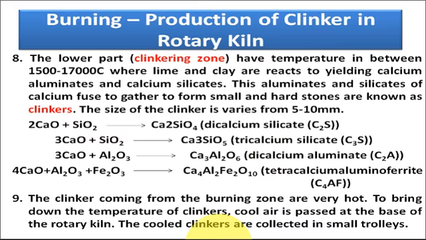Now, what reactions take place in the clinkering zone? Basically, in the clinkering zone, various types of silicates and aluminates are formed by the reaction of calcium oxide and silica.